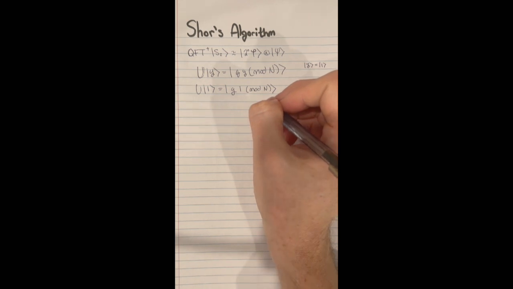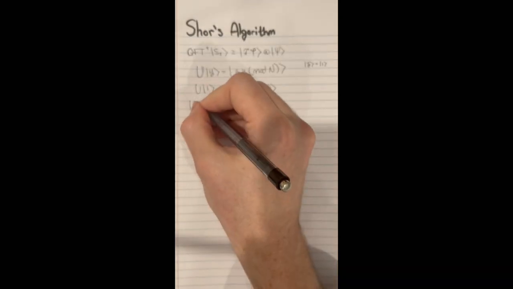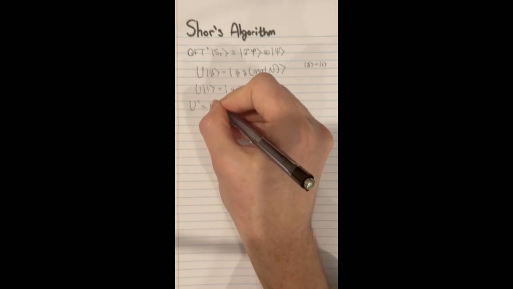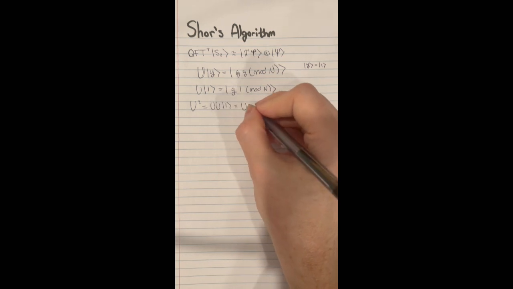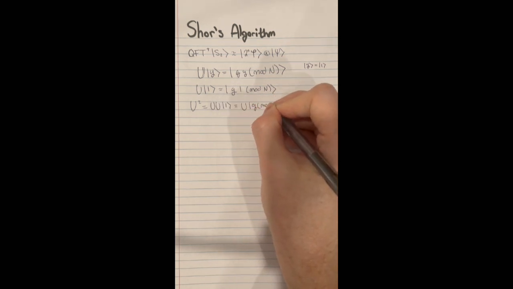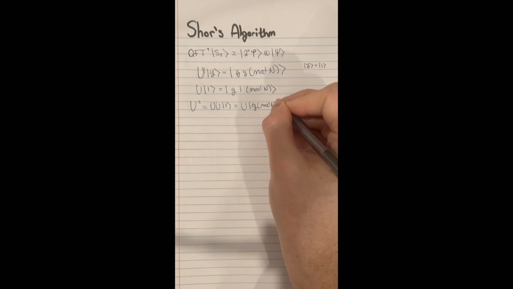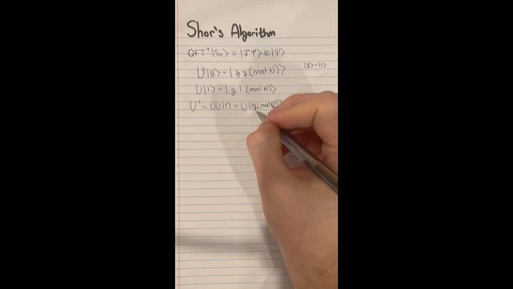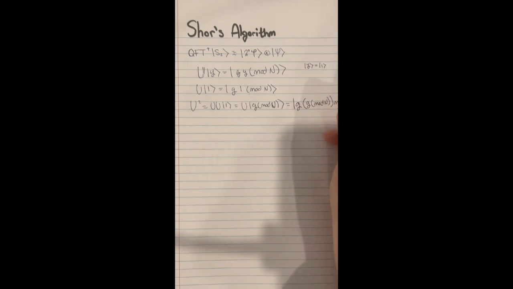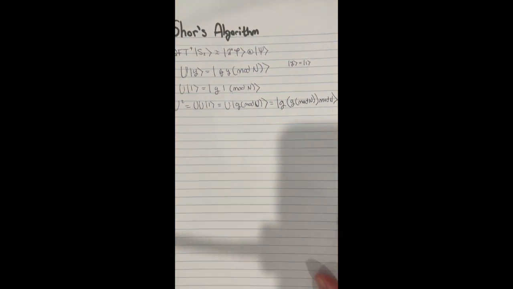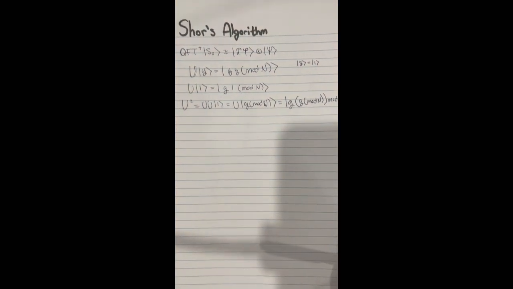Now if we repeatedly apply U, say we apply U again, we'll have U squared equal to U on g mod n, which gives us g times g mod n.